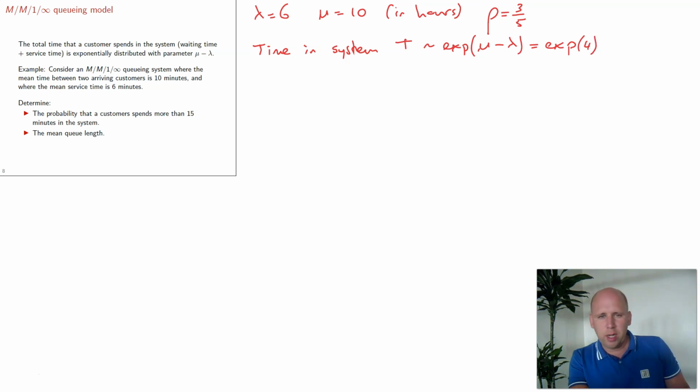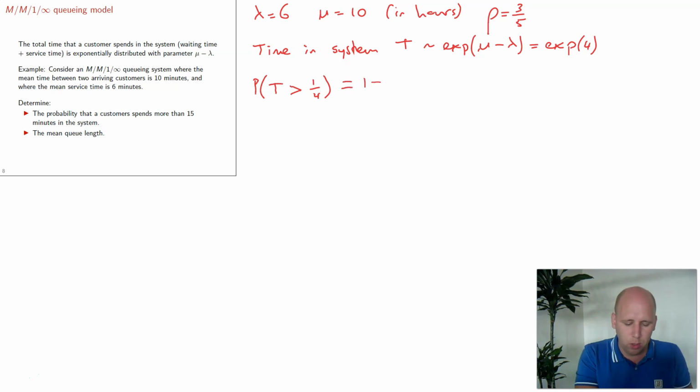And we would now like to find the probability that the time in the system is larger than 15 minutes. Because we have expressed everything in hours, 15 minutes is 1 over 4 hours. The probability that T is larger than 1 over 4 is 1 minus the probability that T is smaller than 1 over 4.